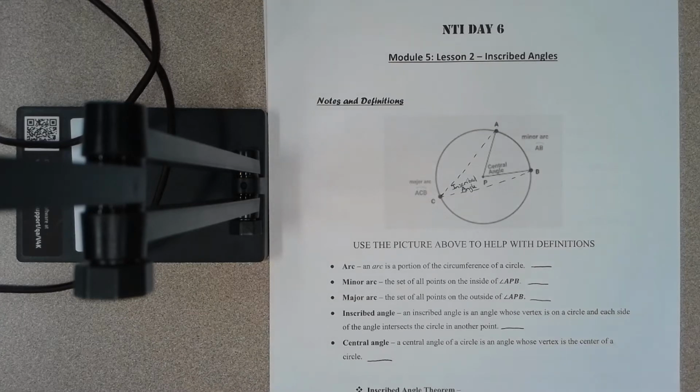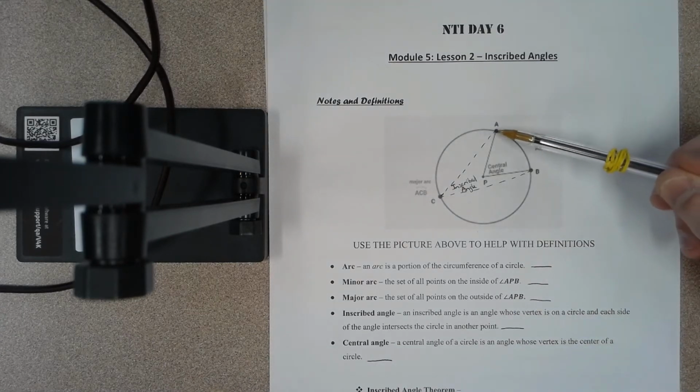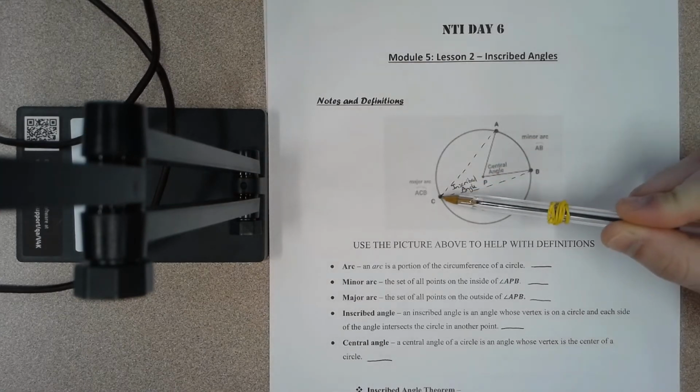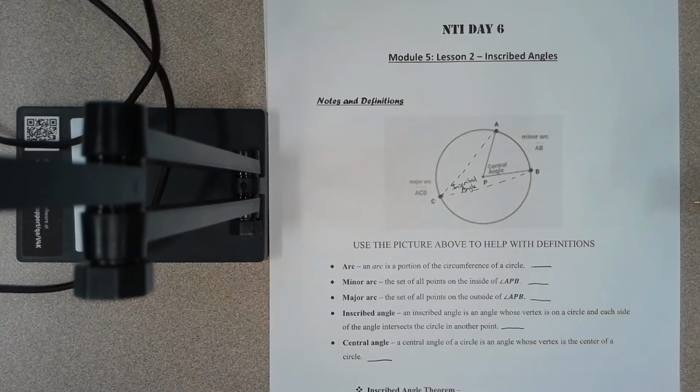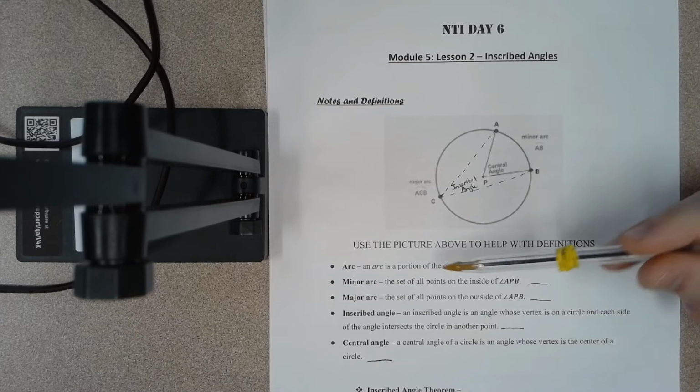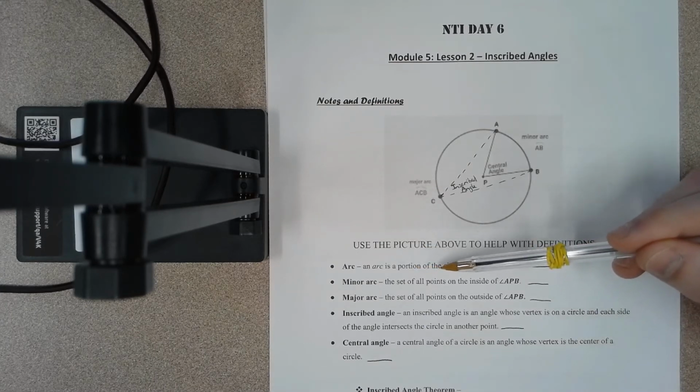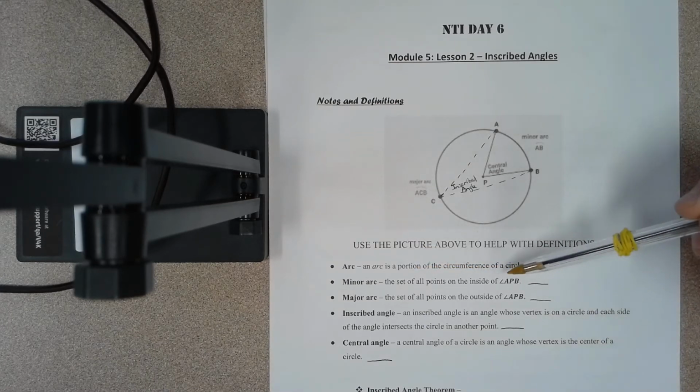So we've got a picture of a circle. On this circle are points A, B, and C, and P is in the very center of the circle. The first definition is an arc, and an arc is a portion of the circumference of the circle.